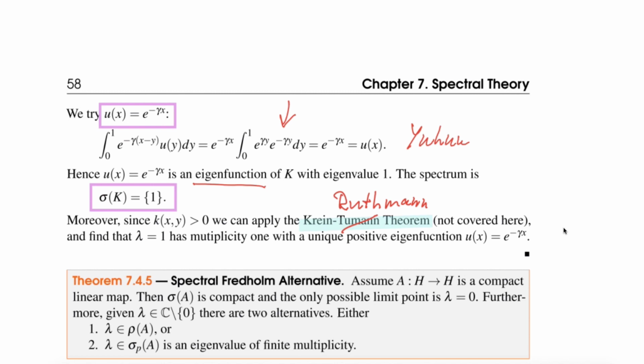Oh, it has multiplicity 1, sorry, and a unique positive eigenfunction. Finite multiplicity we know already from the Fredholm alternative, but the positive eigenfunction we haven't. Krein-Rutman is a bit more involved, so we are not covering that here.